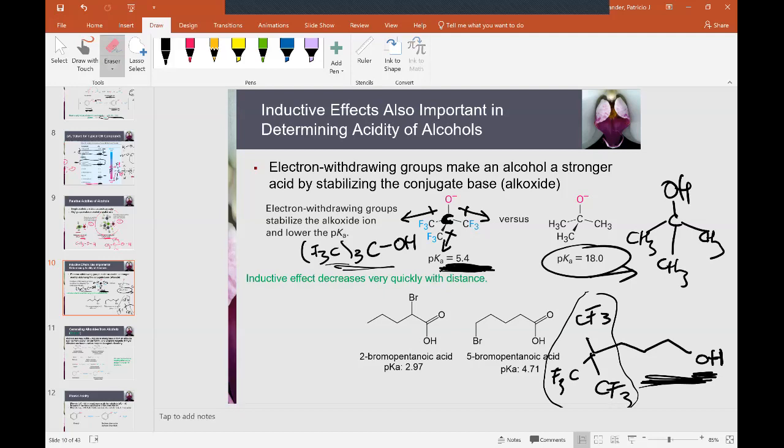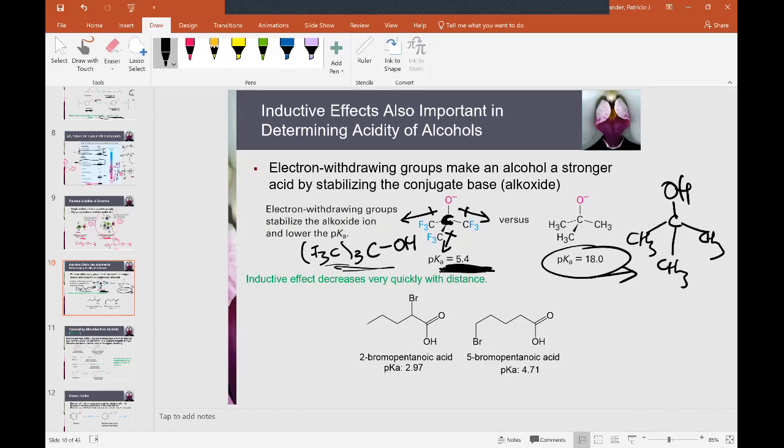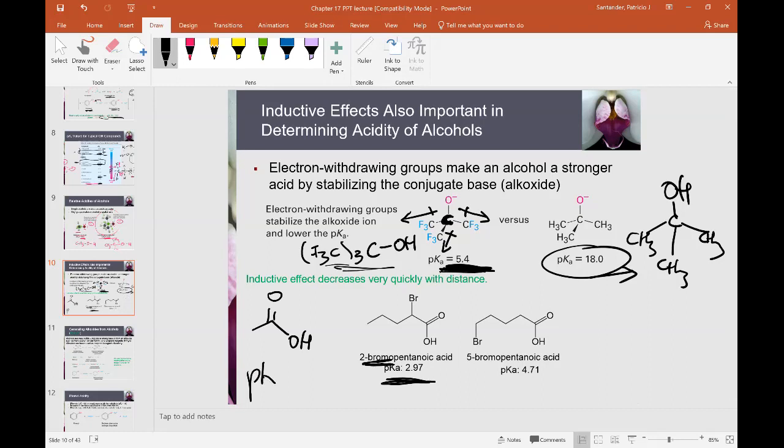The same thing will be true, and we will see that in the future, in the next semester, when we talk about the effect of electronegative elements on carboxylic acids. We will see, for instance, that 2-bromopentanoic acid is substantially more acidic than acetic acid. Acetic acid has a pKa value of around 4.8.